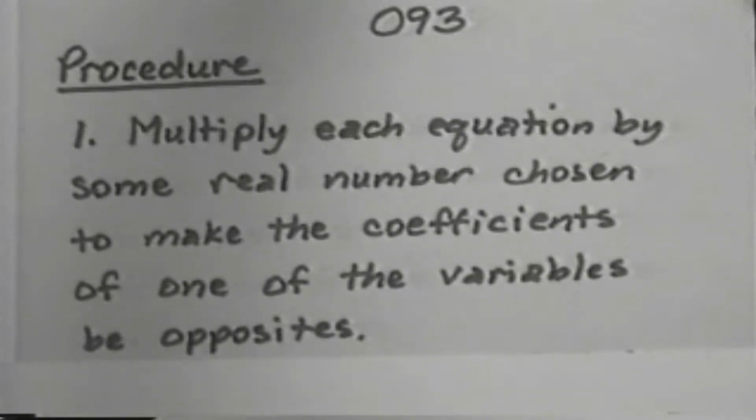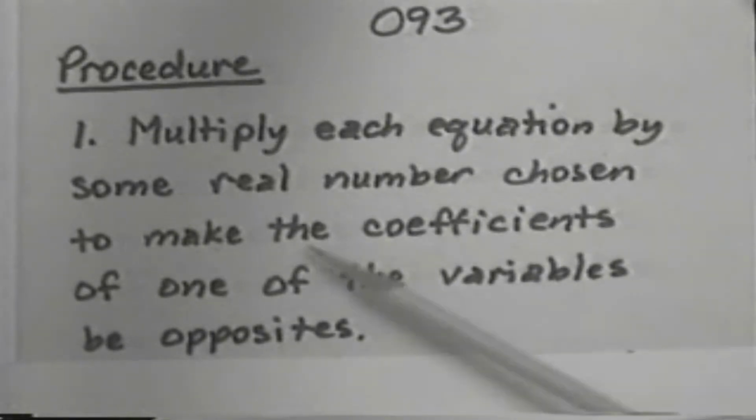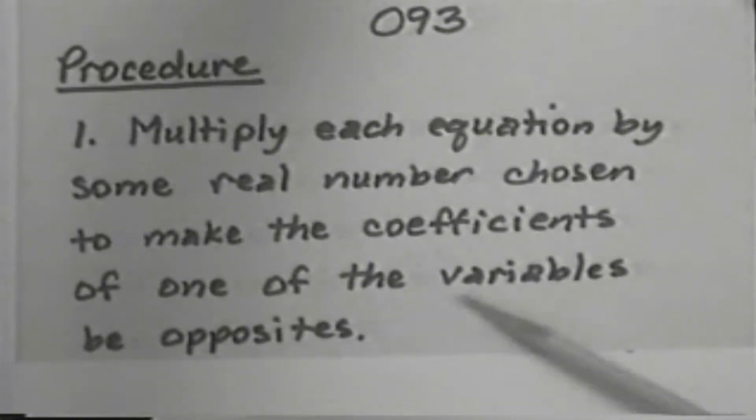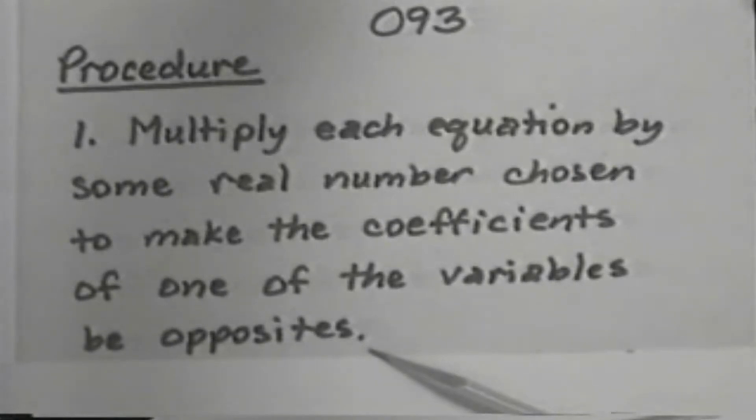In almost every case, you will choose different real numbers for the two equations. One real number will be multiplied by the first equation, a different real number by the second equation. The numbers that you choose are chosen to make the coefficients of one of the variables be opposites.